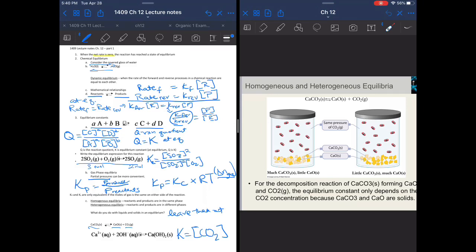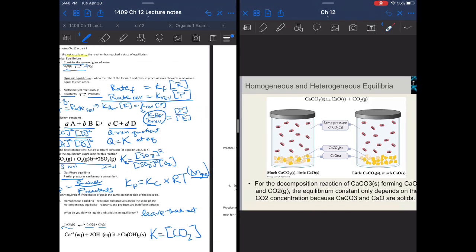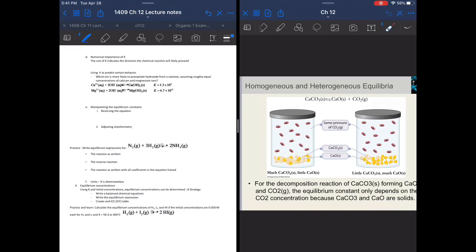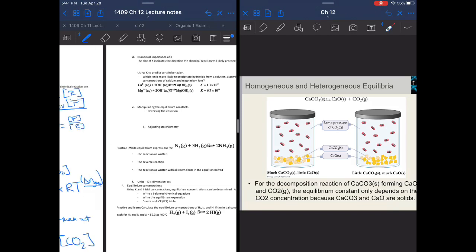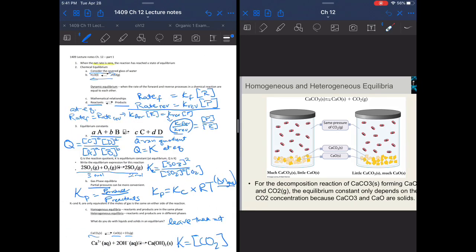Now, what if you don't have anything on the product side that you're going to include? Well, that's okay. You would leave it out. I have an example here. Let's move this up where it belongs. That goes with this problem. And then let's write the one for this one.